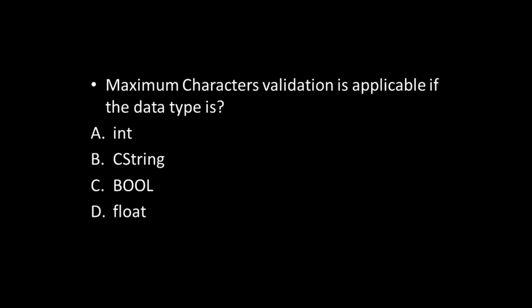Okay, maximum characters validation is applicable if the data type is integer, CString, boolean or float, and the answer is CString. So maximum characters is applicable only for CString, whereas minimum value and maximum value is applicable in case of other data types such as integer, boolean or float.